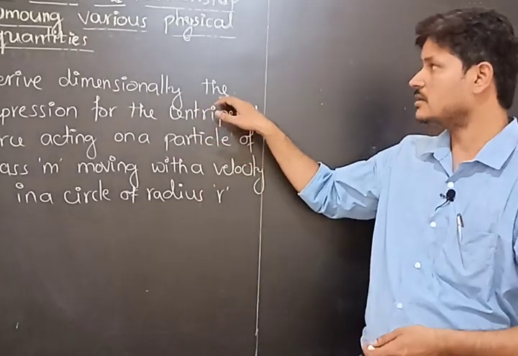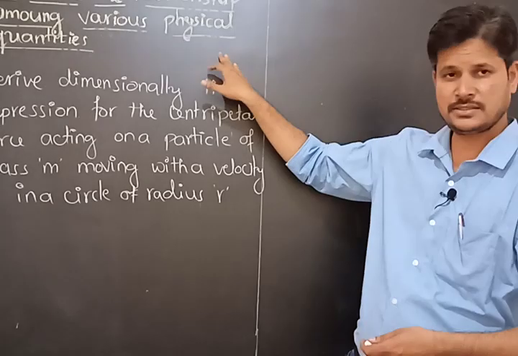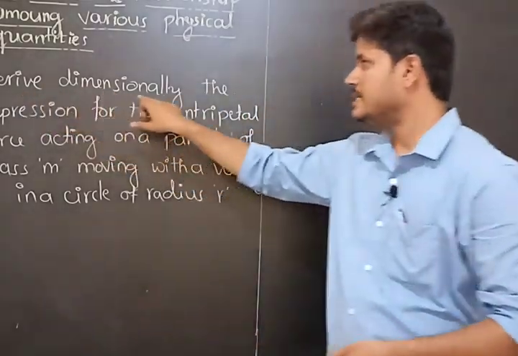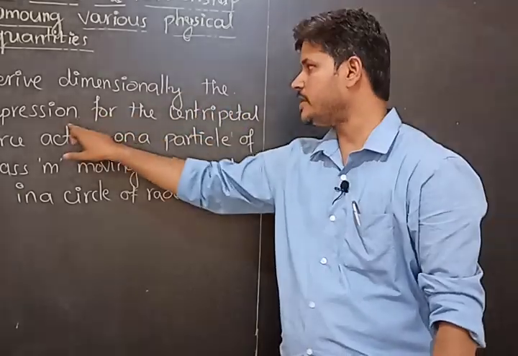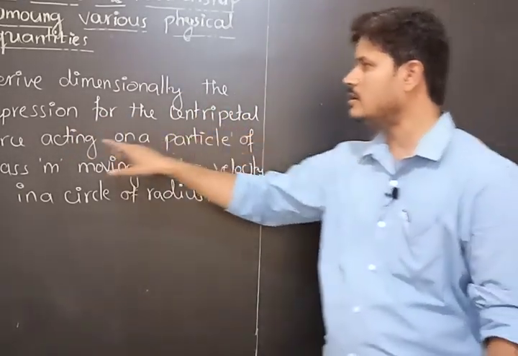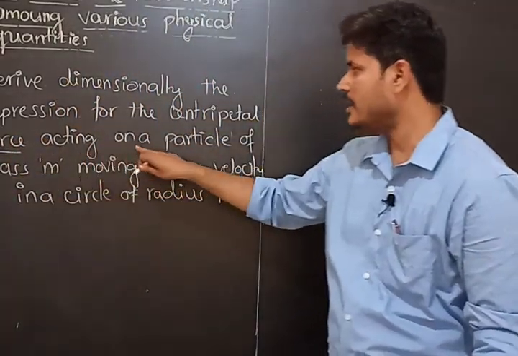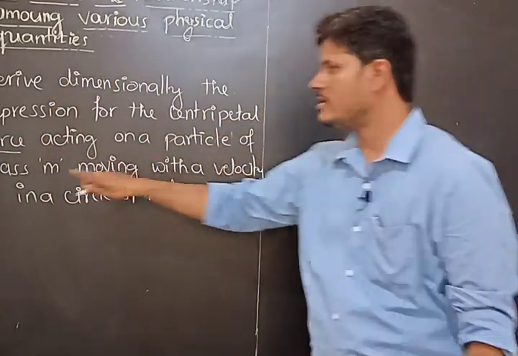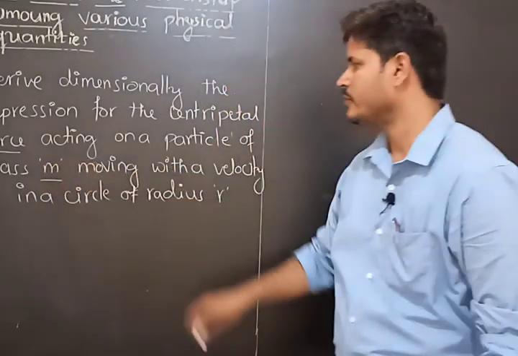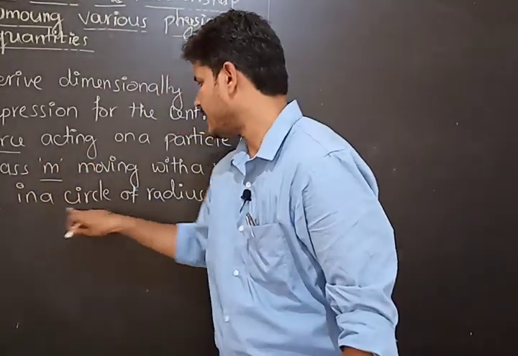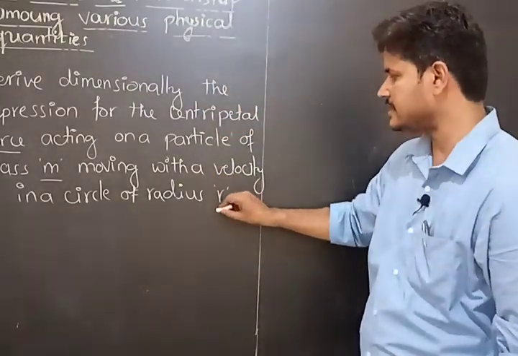Here I have written an example to illustrate this third application. Look at the first: derive dimensionally the expression for the centripetal force acting on a particle of mass m moving with a velocity v in a circle of radius r.